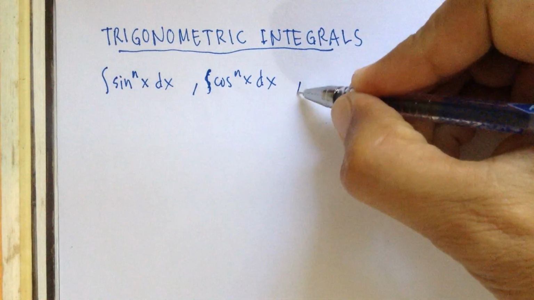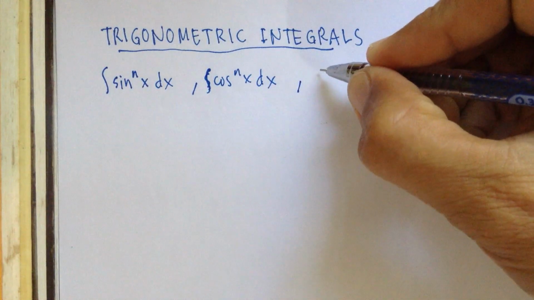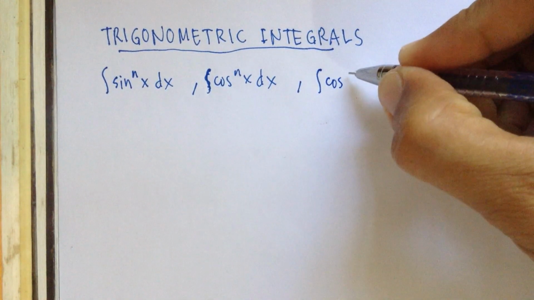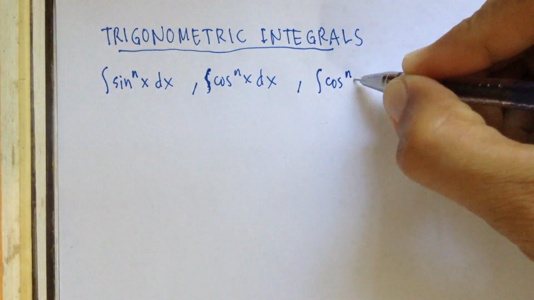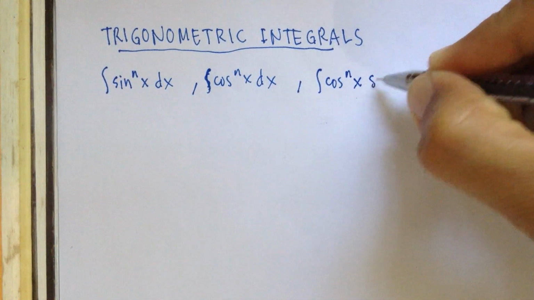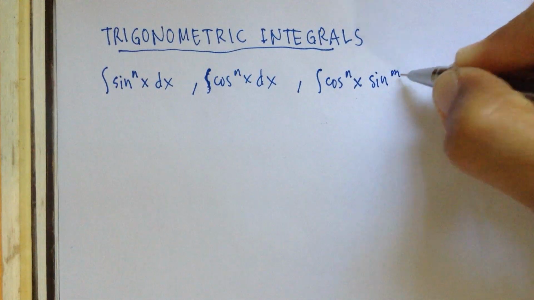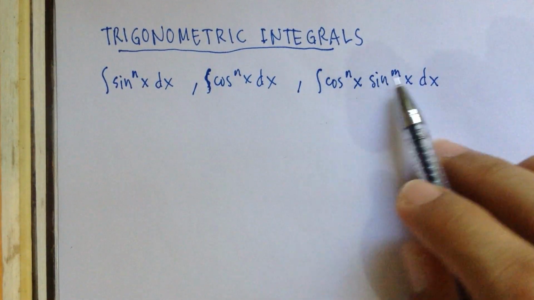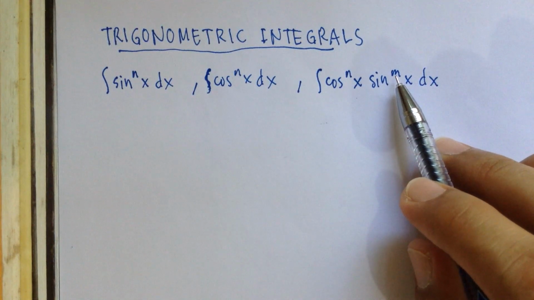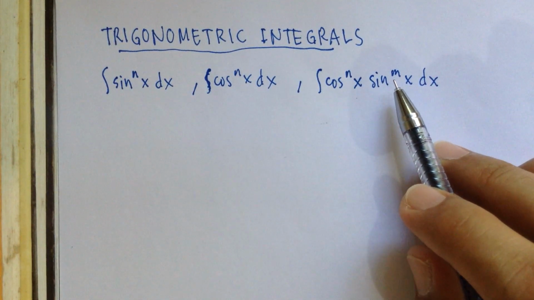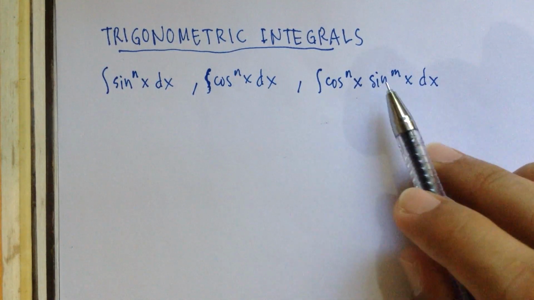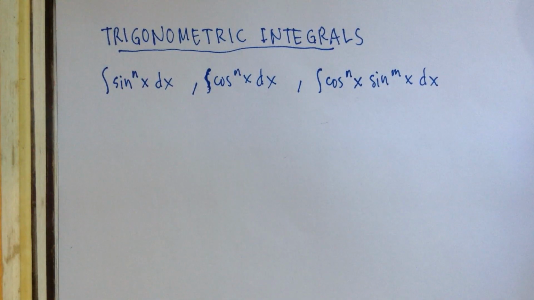But of course, the integral of the form cosine to the n of x sine to the m of x dx, where n and m could either be both odd or both even, or one of them is odd.